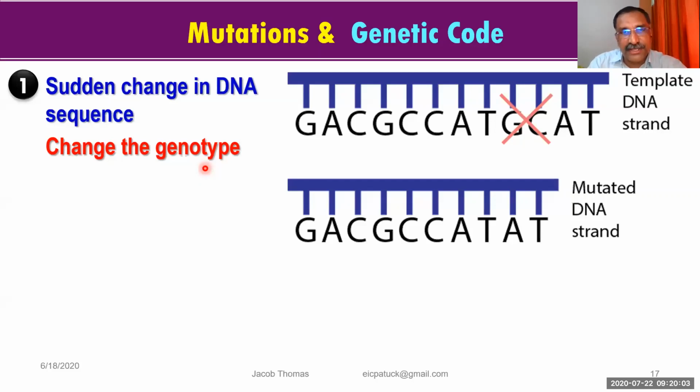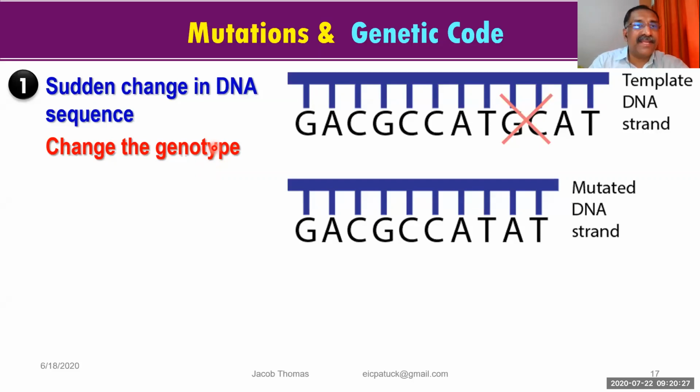Such genetic constitution of the character is known as genotype. And when that genotype expresses a character which you can see, which you can observe, that is called phenotype. Such a character will change when there is a change in the sequence of nitrogen bases.